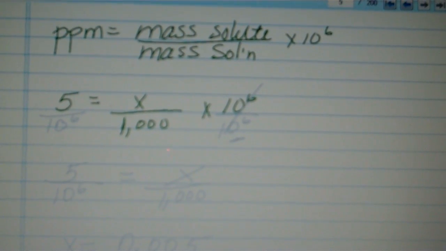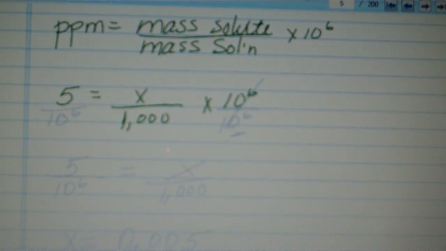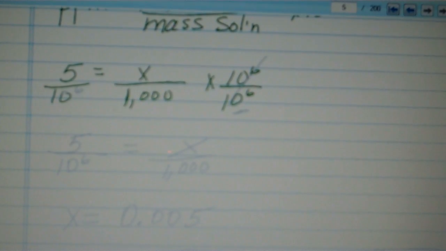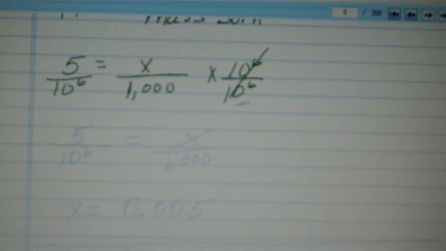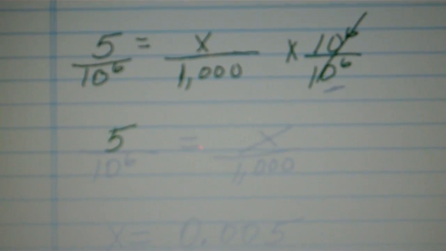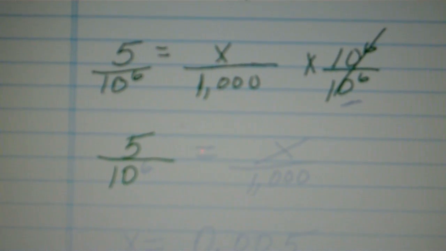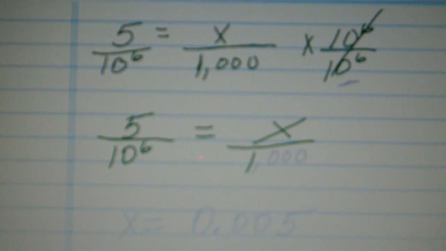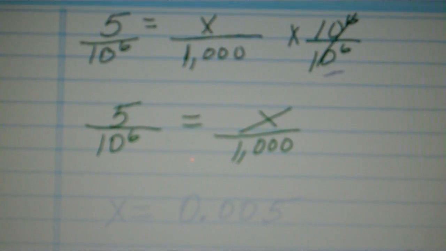We want to get X to be alone, so I'm going to divide both sides by 10 to the 6th power. We're going to simplify it, and we end up with 5 over a million equals X over 1,000.